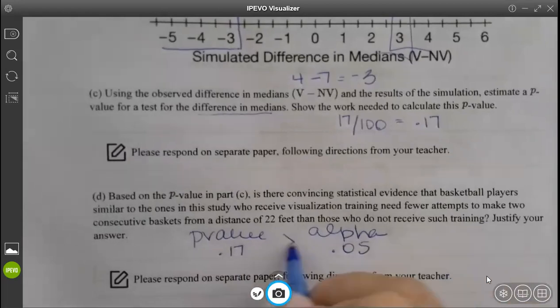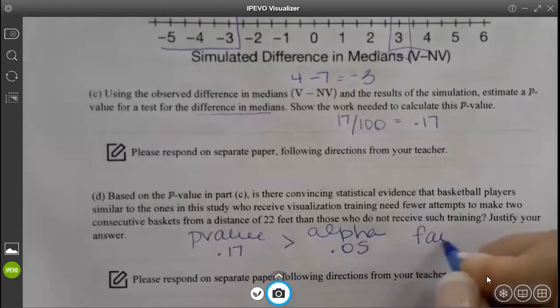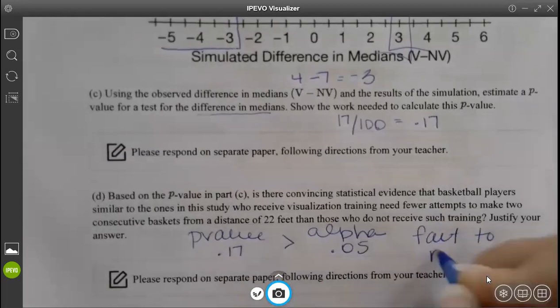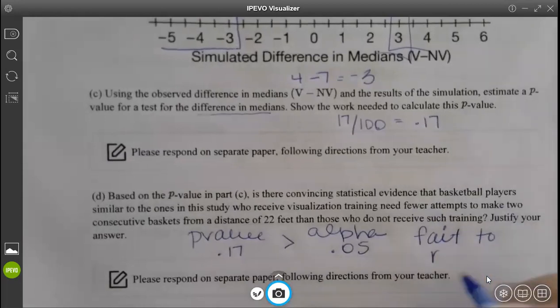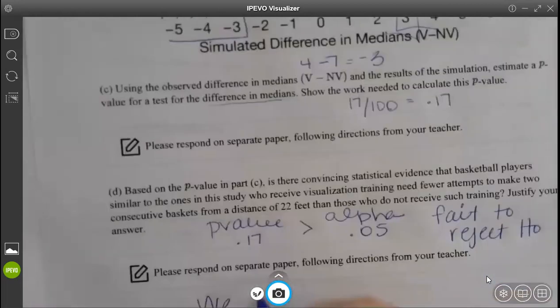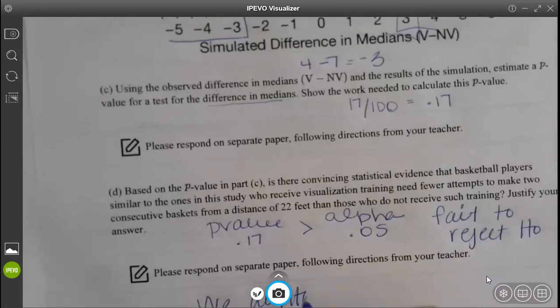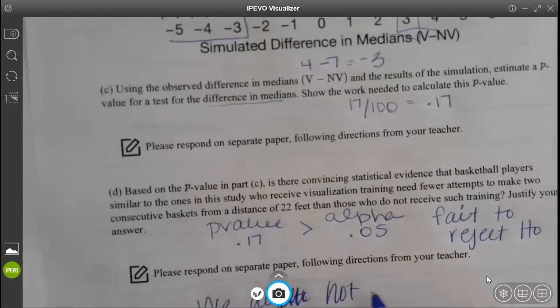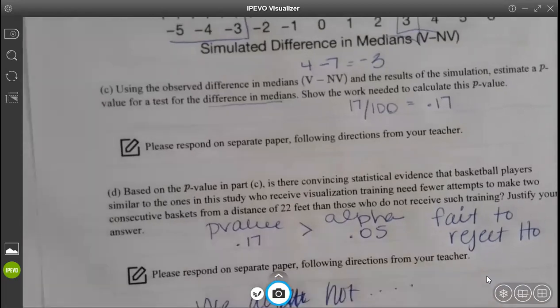It's greater than, so fail to reject H sub 0, which means... So very good. Because the p-value of approximately 0.17 is greater than 0.05, that's exactly what we have. There is not convincing evidence that the players who receive visualization training take fewer attempts.